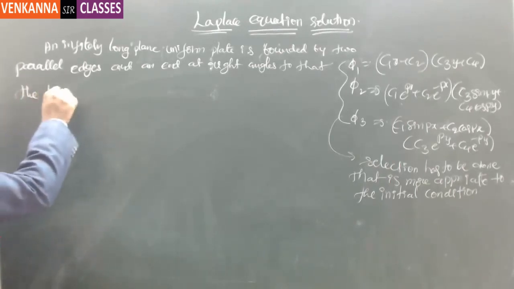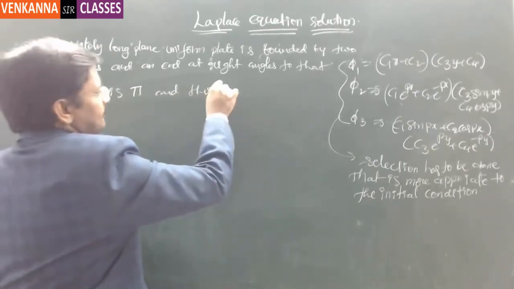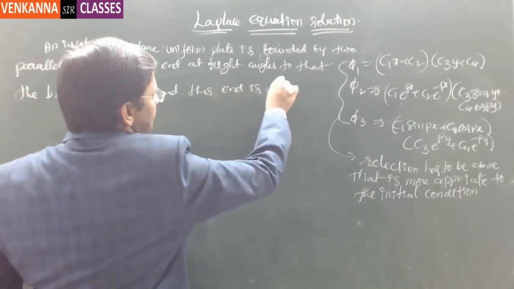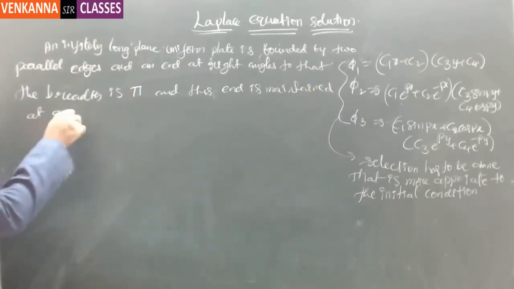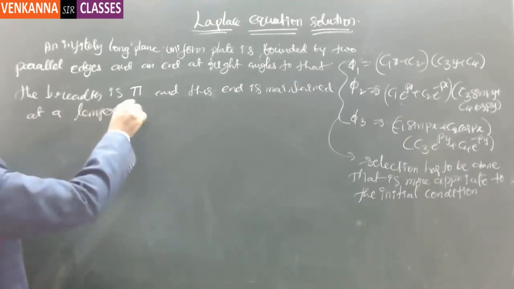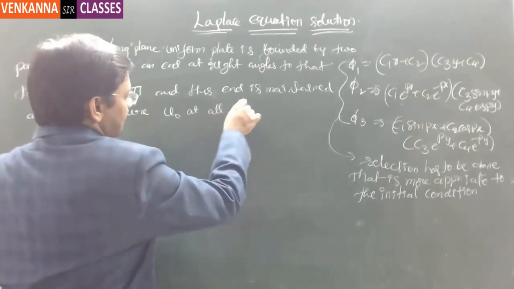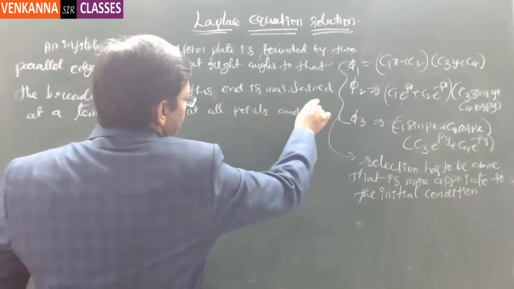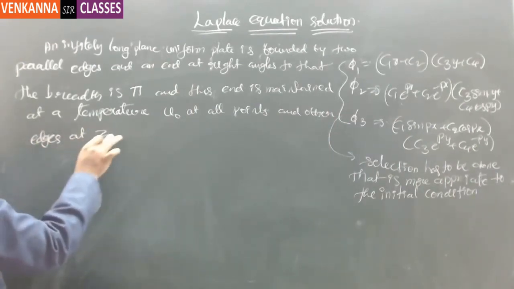The breadth is pi, and this end is maintained at a temperature U naught, at all points, and other edges are at 0 degrees centigrade.